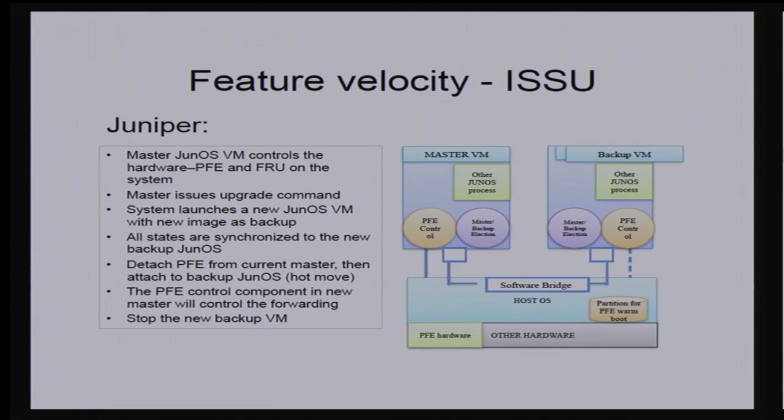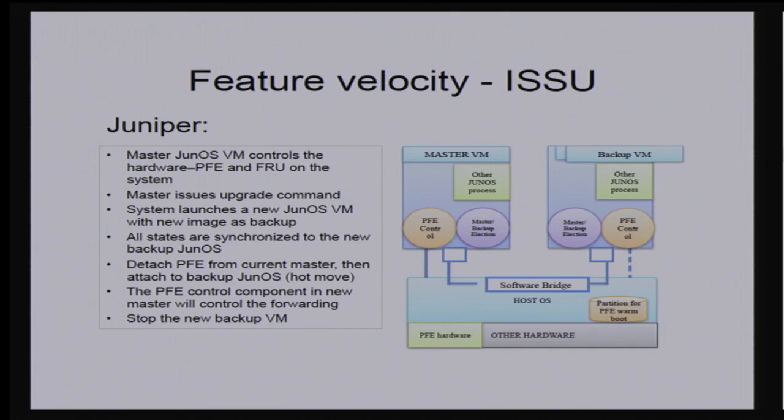The way Juniper approached it was to take advantage of multi-core CPUs and virtualization. So when you're not running ISSU, there's just one brain on the system. There's no backup routing engine, so to speak. When it comes time to issue an ISSU, we spin up a new VM, which is going to be the new master. We synchronize the control states.